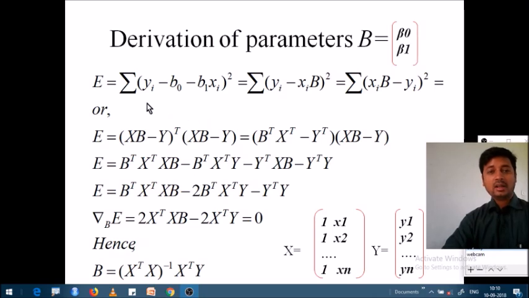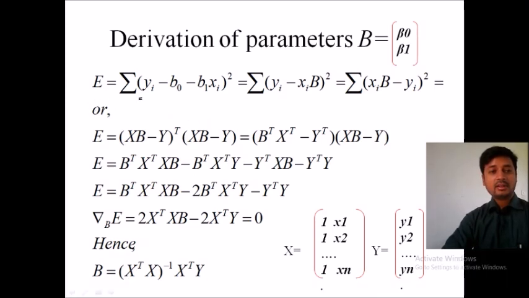So we had the expression: total error is equal to the total sum of squared error associated with the regression line. The same can be written as this.